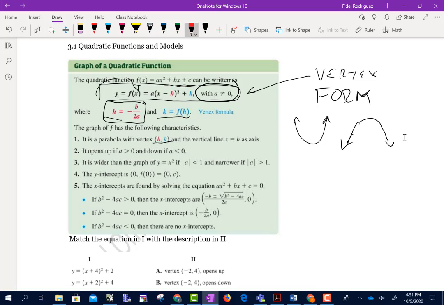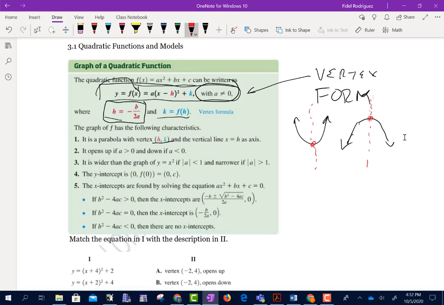The vertex is either going to be the lowest point of the graph or the highest point of the graph, okay? And then we have something called the vertical line. It's going to be this line of symmetry. It's going to be the line that cuts the graph directly in half, okay?